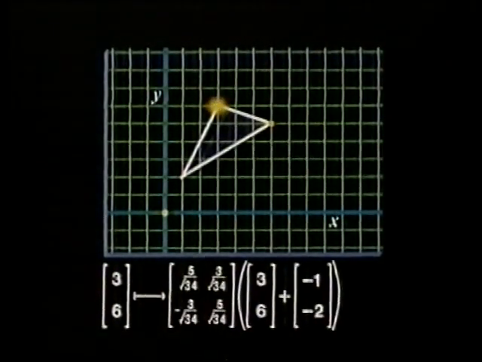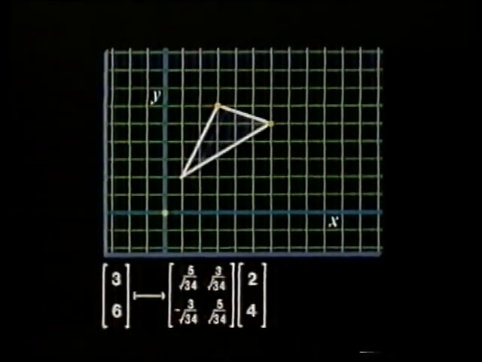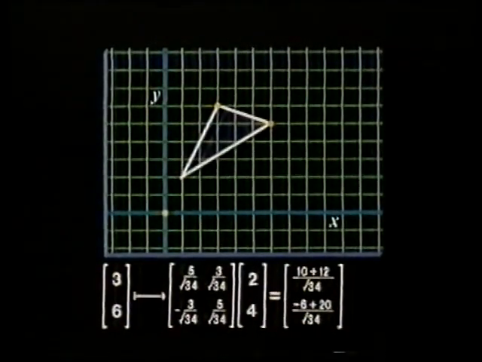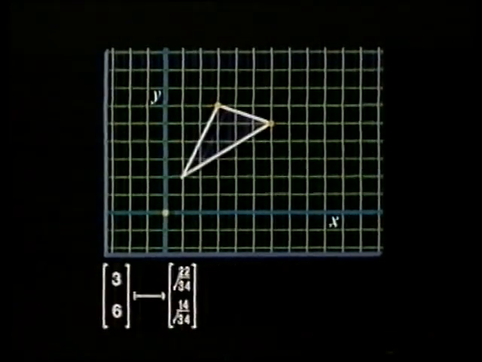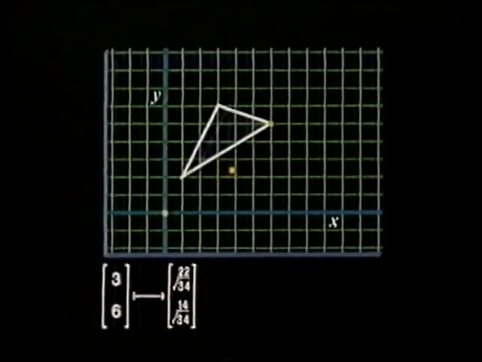Now for the vertex 3, 6. Addition yields 2, 4. And multiplying out gives this, which simplifies to this, and finally to this, which corresponds to this point on the diagram. Well, that's 2 of our vertices transformed. Finally, 6, 5.